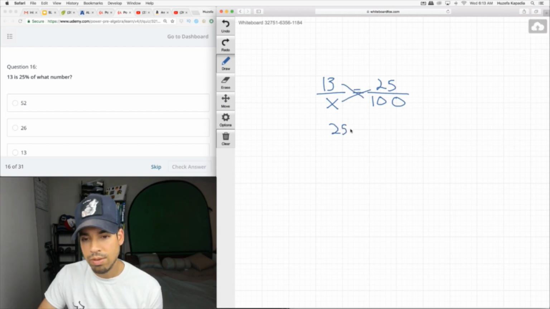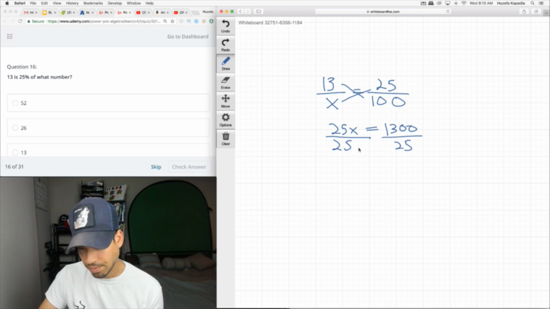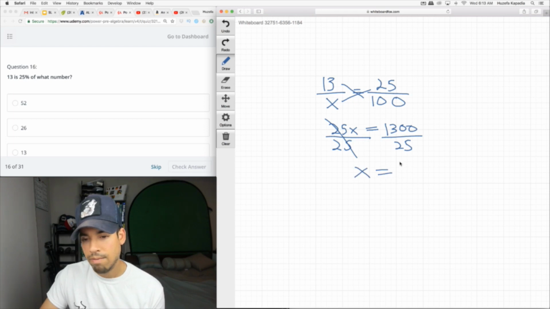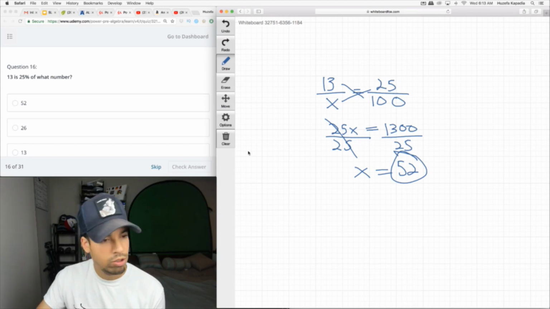So this becomes 25x equals 1300. Divide both sides by 25. I believe this is 52. x equals 52. Now this isn't a percentage because this is just a value. If we're solving on this side, then we get a percent. Here we're just getting a number.